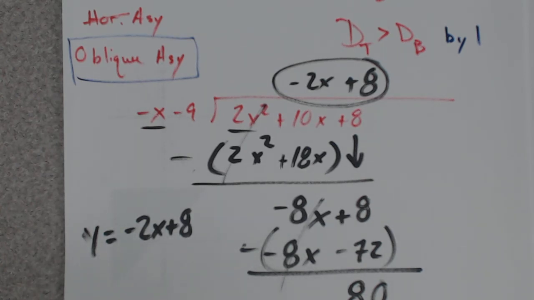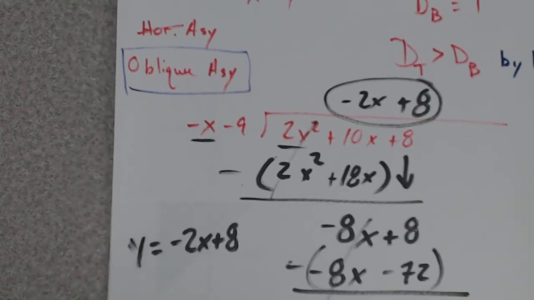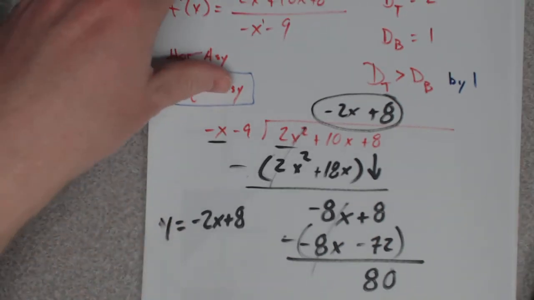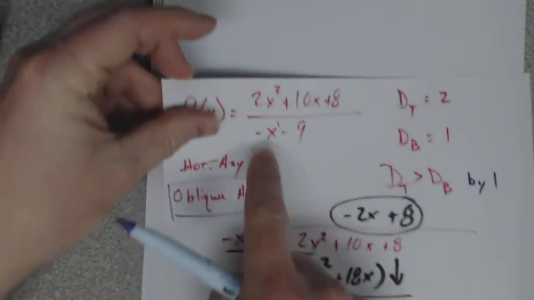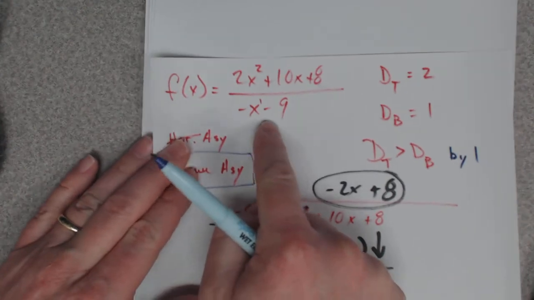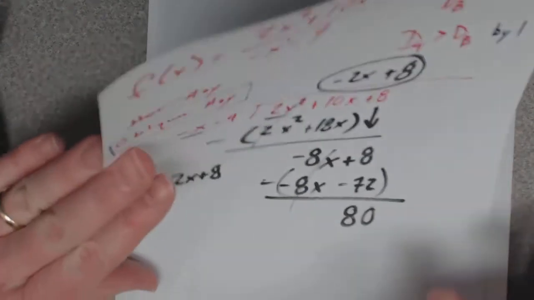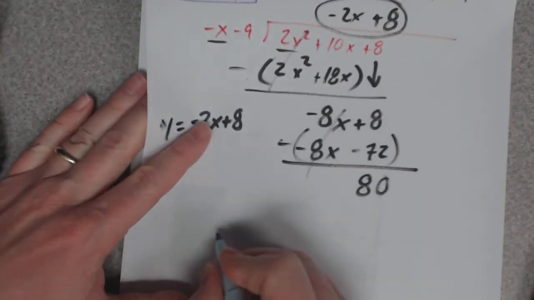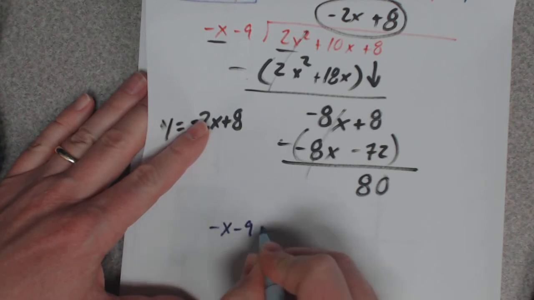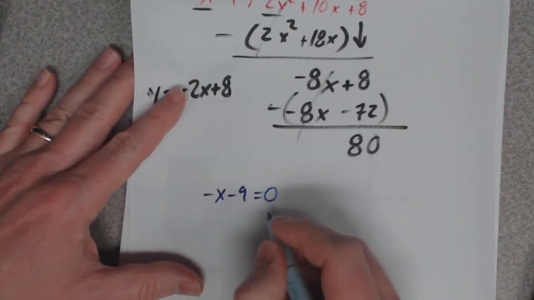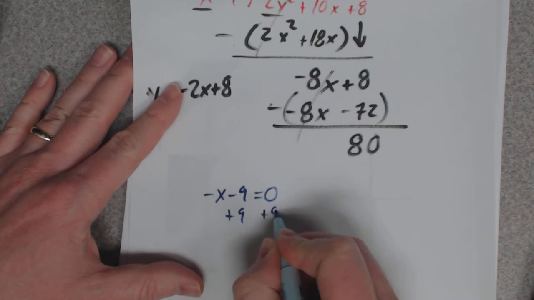Now we want to worry about our vertical asymptote. Remember, on vertical asymptotes, all you do is take the bottom and set it equal to 0 and see what value would give you a 0 on the bottom. So negative x minus 9 equals 0. You'd add 9.